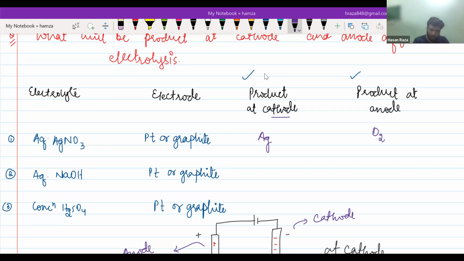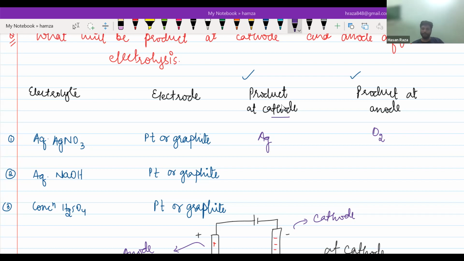So Nafisa, what I was saying is there are two options for cathode as well as anode. First of all, take the case of cation and see what is the rule for cation. The rule for cation to migrate to cathode is that the one which has higher value of E naught R will migrate first.